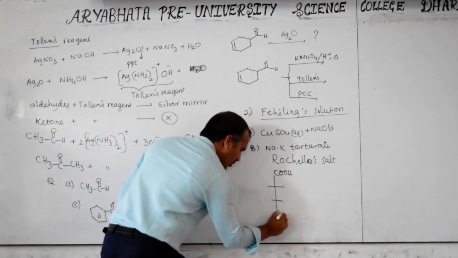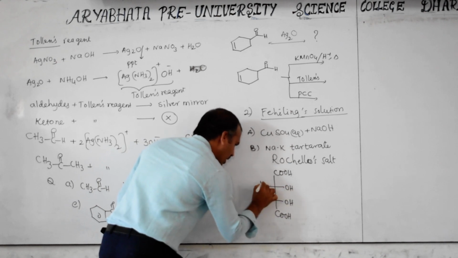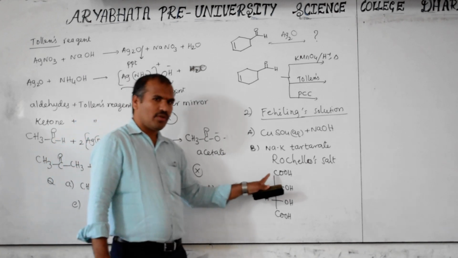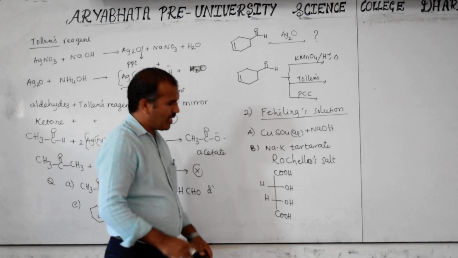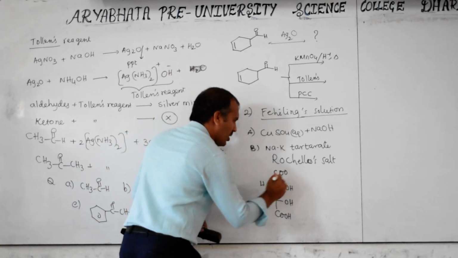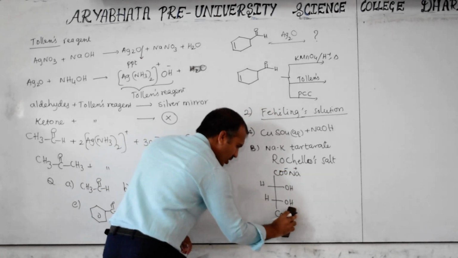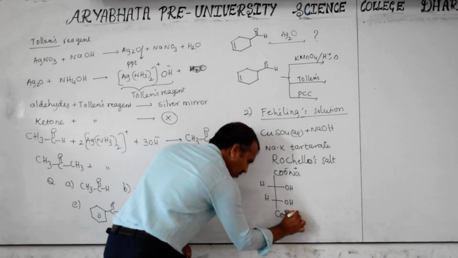COOH, COOH, OH, OH, H. This is tartaric acid. But what I wrote here is sodium potassium tartrate. This reacts with sodium hydroxide. It gives Na plus here. This is negative, this is positive. Here also remove the H. This is negative, this is positive.